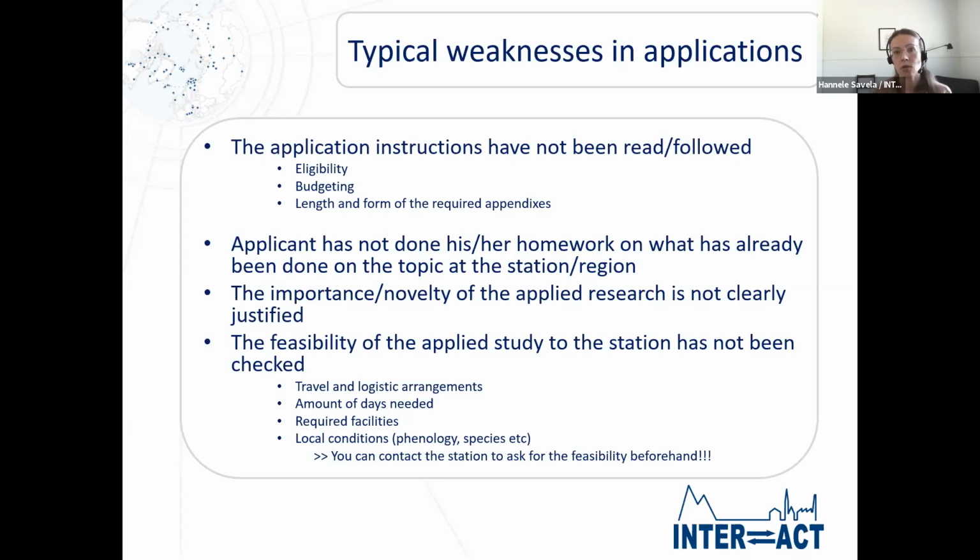It's important to know that we are only supporting travel and logistic costs. And then, of course, accommodation and the use of station facilities is covered, compensated for you. So we are not, for example, supporting salaries. So that is a non-eligible budget item, and you should not include any salary costs, for example, into your application.